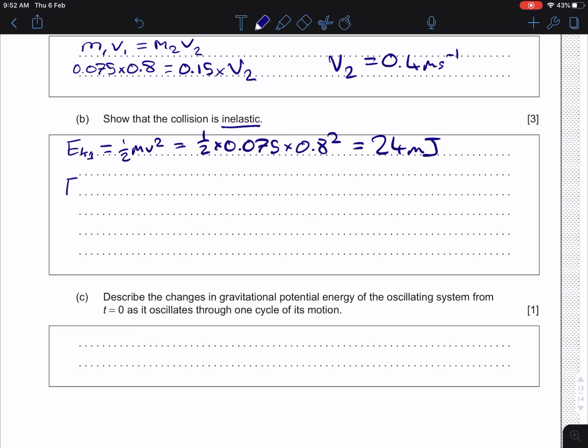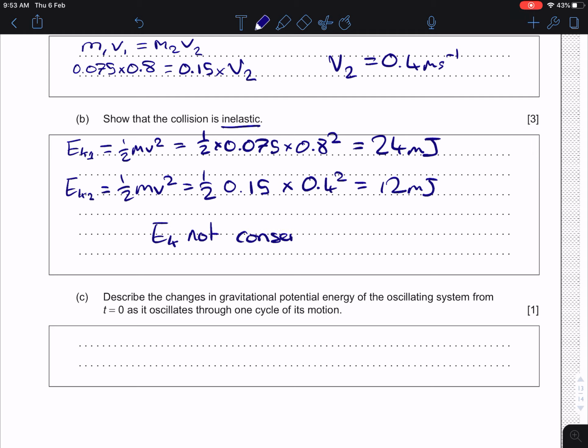The EK after is a half mv squared, which is a half times 0.15 times 0.4 squared, which gives us 12 millijoules. So 12 millijoules is lost, so the energy is not conserved, which means it's inelastic.